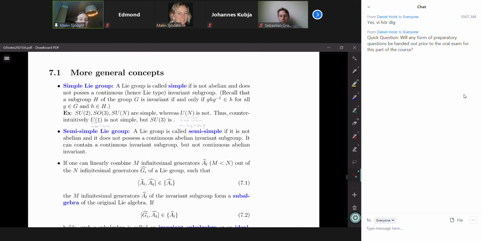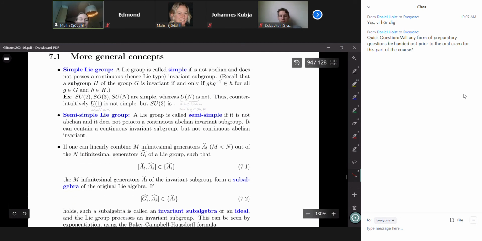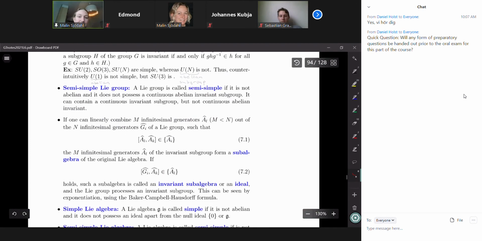Okay, now we will define the analogous concepts, but at the level of the algebra.